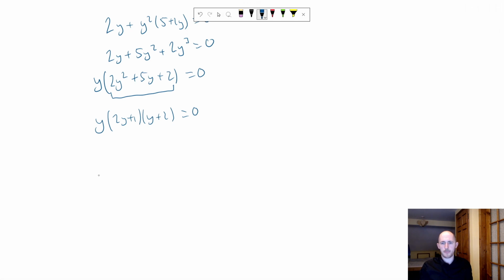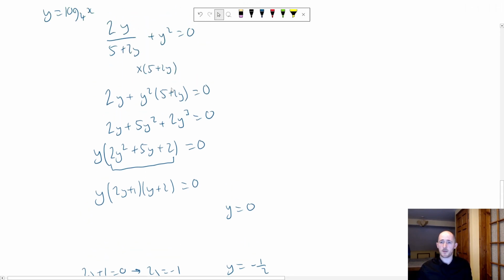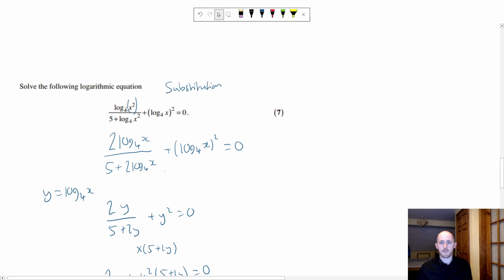We have y is equal to 0. We have y is equal to, well, if we move this around, 2y plus 1 equals 0, so 2y equals minus 1, so y is equal to negative a half. And lastly, we have y is equal to negative 2. But those aren't our answers because remember, we're trying to solve for x.